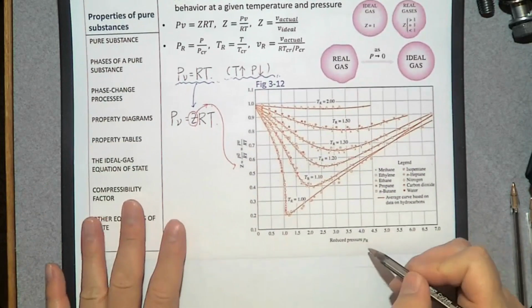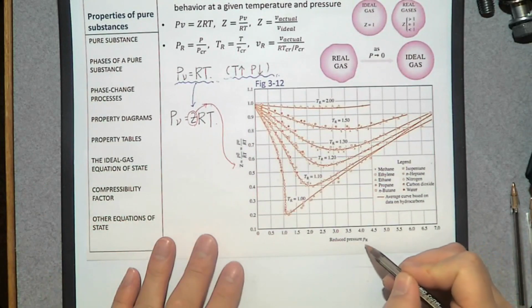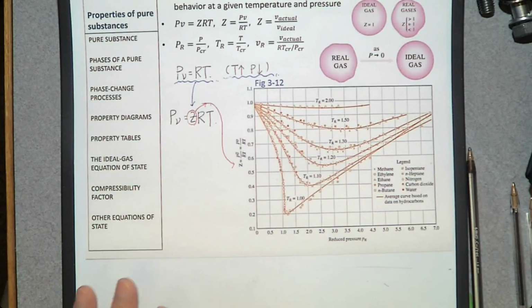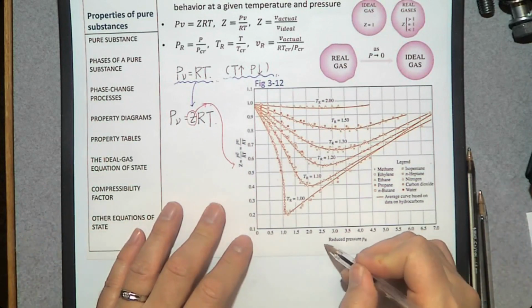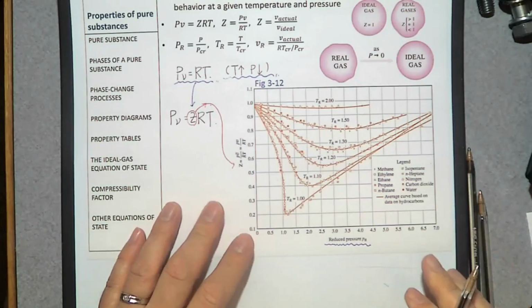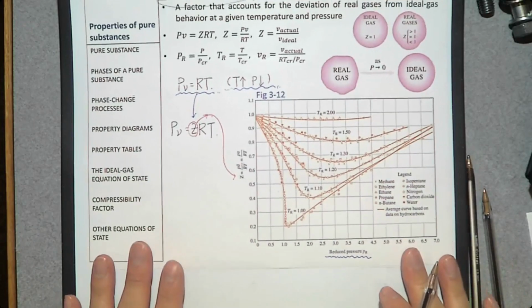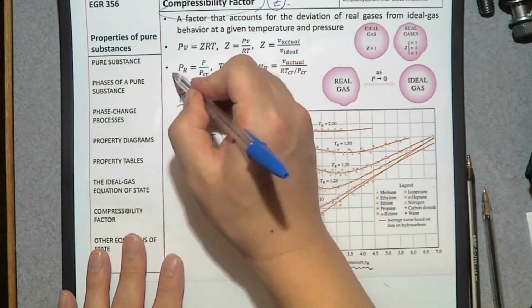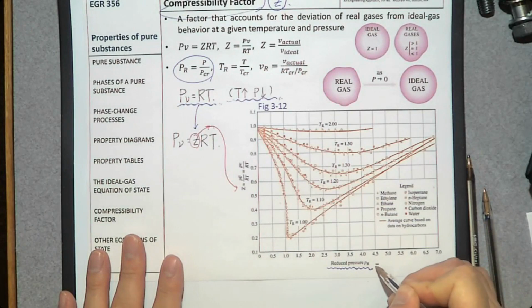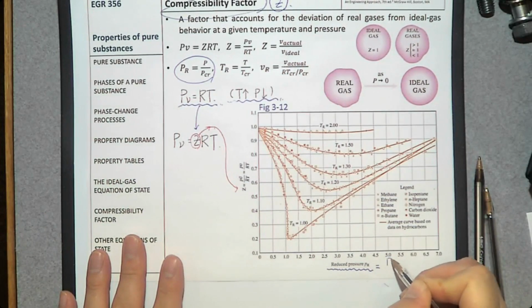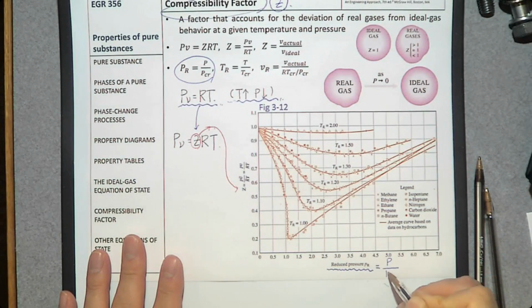If you look at this horizontal axis, you can see this one is reduced pressure, PR. This PR can be determined by this equation: PR is the pressure of a system divided by critical pressure.